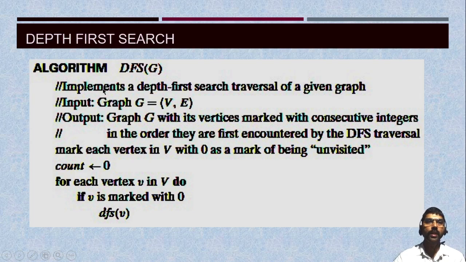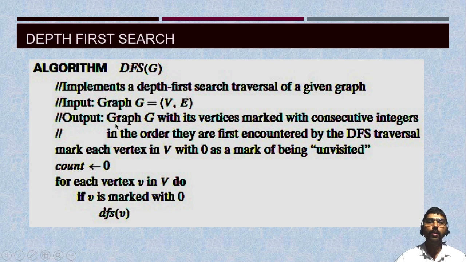Now we will study how the depth first search algorithm works. Depth first search algorithms take a graph as the input. Graph means here we are providing vertices as well as edges to the DFS.